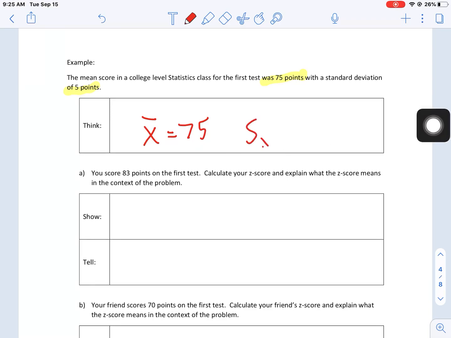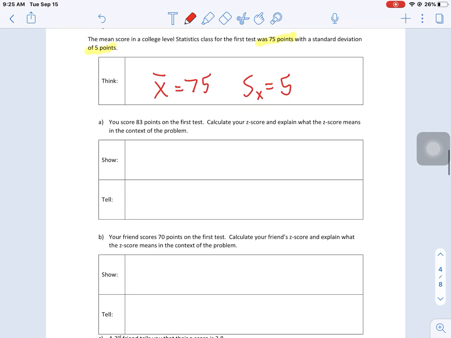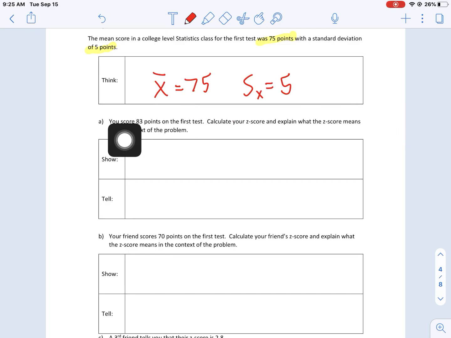And my standard deviation, denoted as S subscript X, or S sub X, is 5. Okay, so if you score 83 points on the first test, calculate your z-score and explain what the z-score means in the context of the problem.